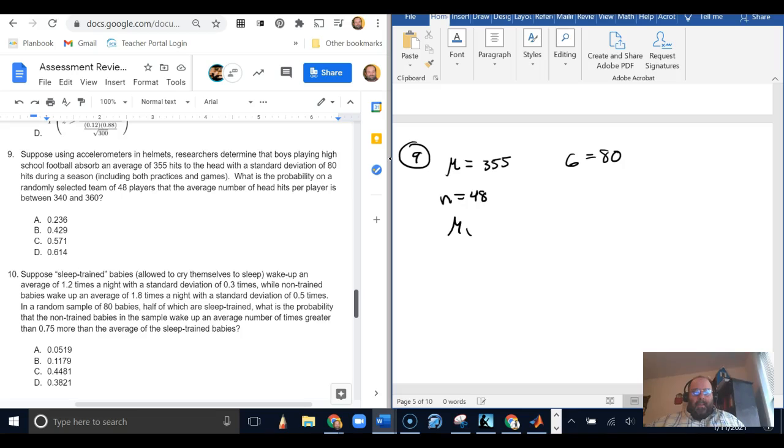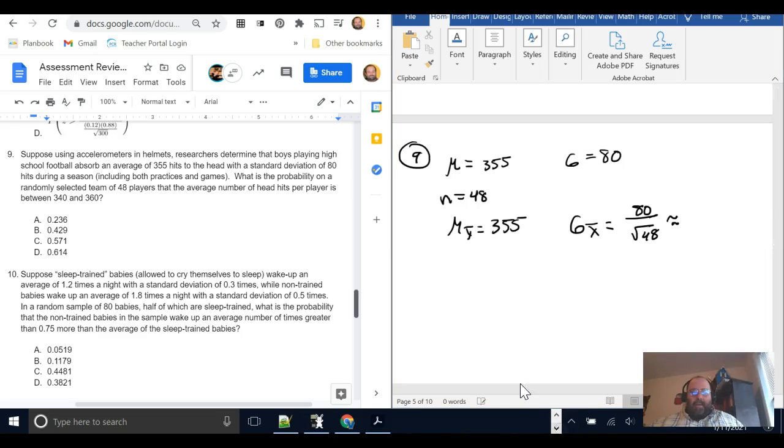This means the mean of X bar should be 355. The standard deviation of X bar should be 80 over square root of 48. Well, let's get a number for that.